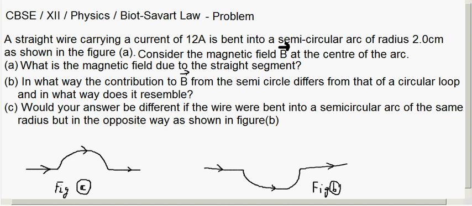Now we know the B field due to the circular loop or semicircular loop.